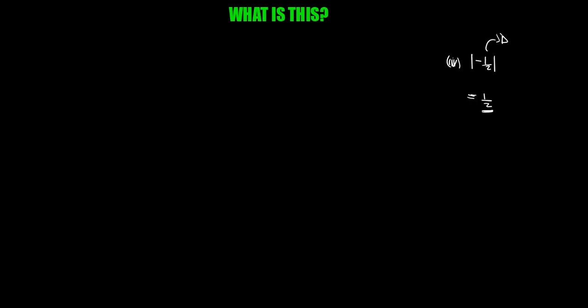Suppose now you are given another question to say use the definition of absolute value to solve. Always, absolute value should be positive. So if I give you: find absolute value of the following, absolute value of x minus 2 is equal to 4.